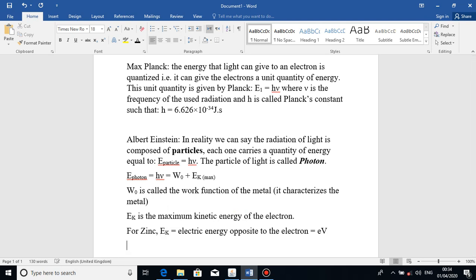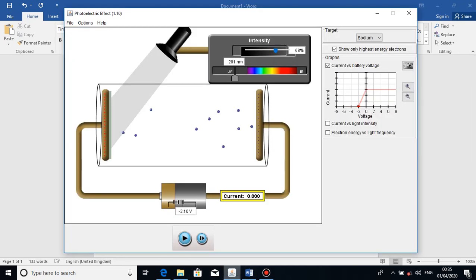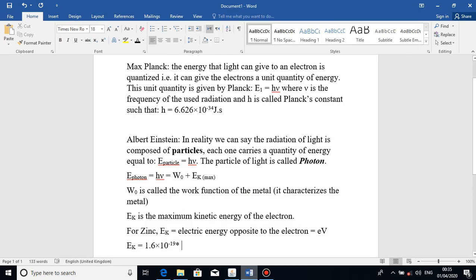So here, EK is equal to 1.6 times 10 to the power negative 19 multiplied by the voltage, which is shown in the applet, which is 2.1 volts.